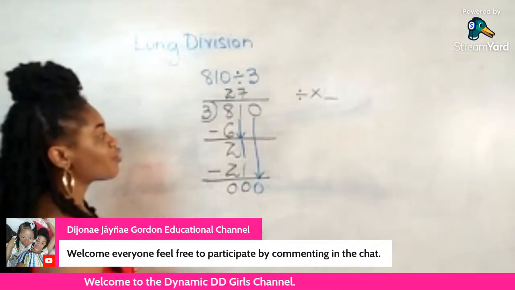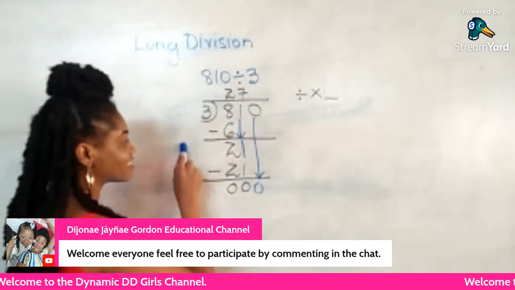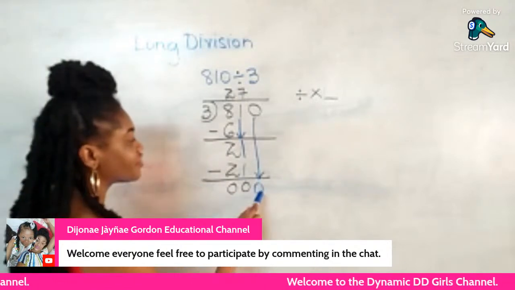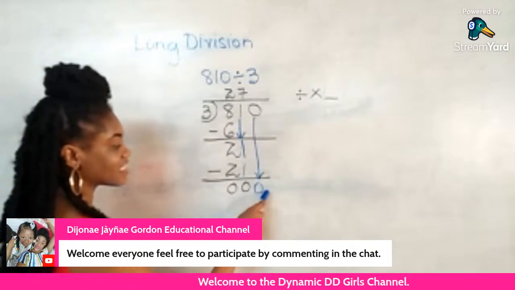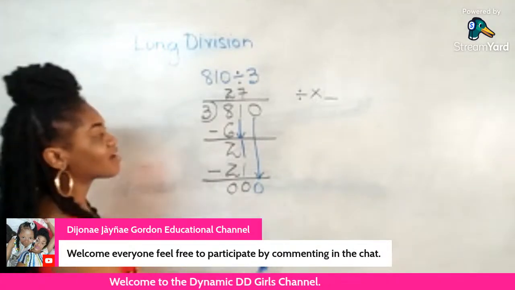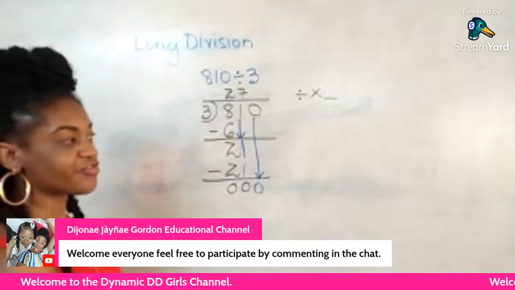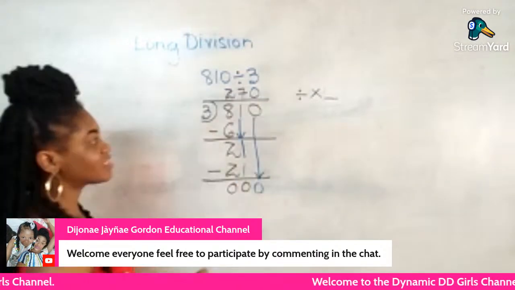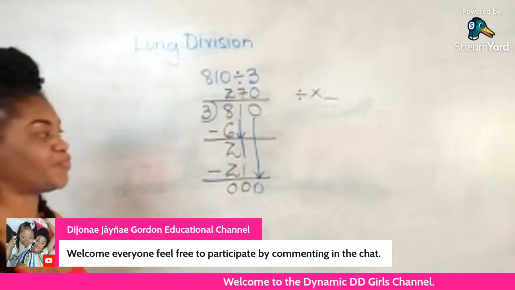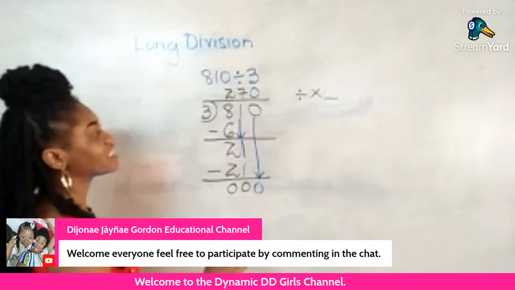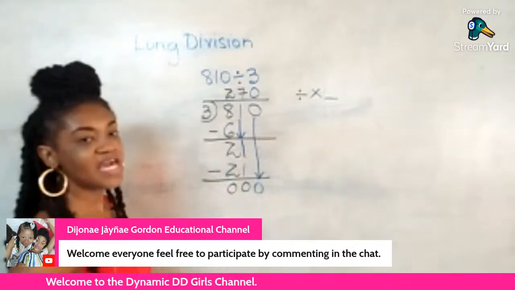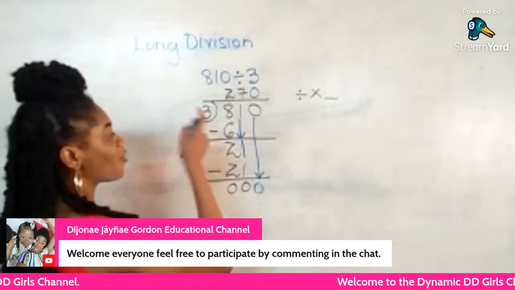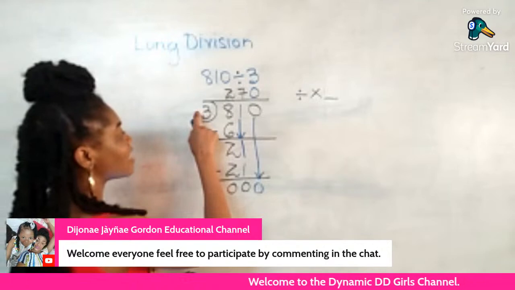So remember that we have to ask ourselves, same way how we just bring down a 0, how many groups of 3's can we get from this 0? All right? And because we cannot get a group of 3 from it, we're going to say 0. You see that 0? I put it in blue. But you see, if you leave your answer to be 27, it's going to be incorrect. So the next thing we are going to do is that we're going to multiply 3 by 0.